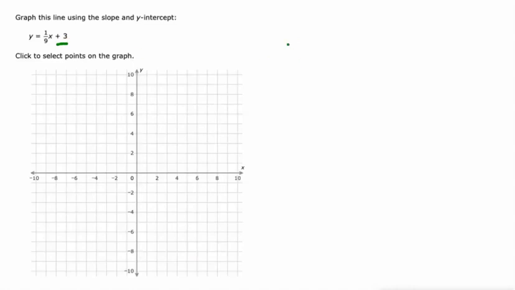Now our y-intercept is 3. Right here. And our slope is 1/9, meaning the y value goes up 1 every time the x value goes up 9.